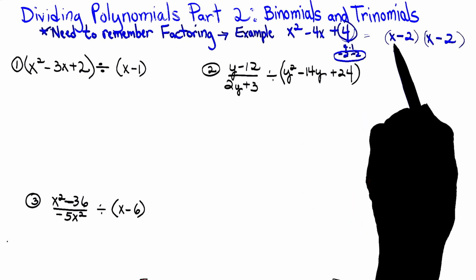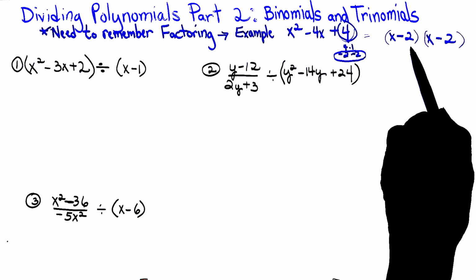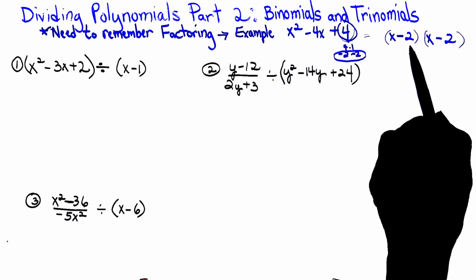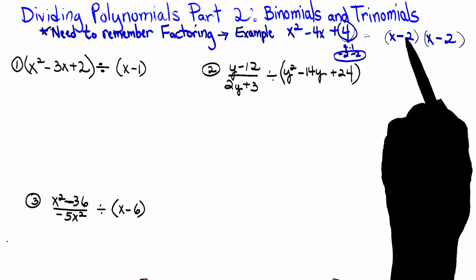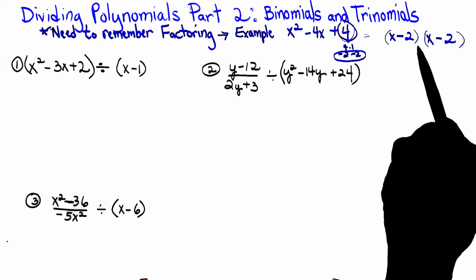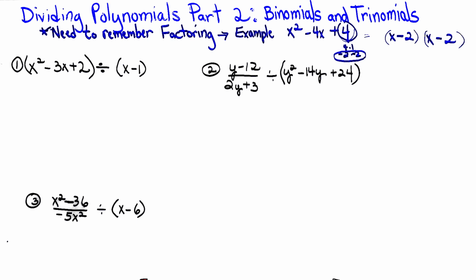The outside is negative 2 times x, which is negative 2x. The inside is negative 2 times x, which is negative 2x. So we end up with a negative 4x. And now we're going to multiply our negative 2's and we end up with a plus 4. So this example, again, is the skill that you will end up needing to do the division problems today.